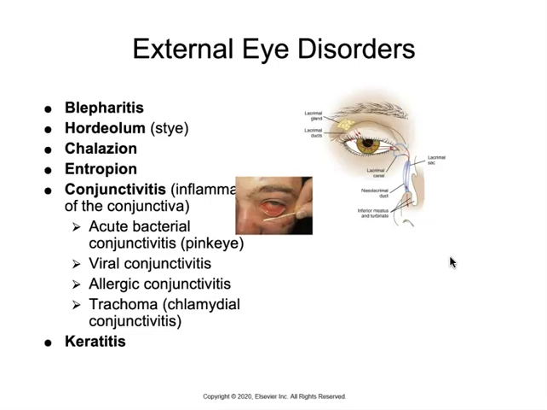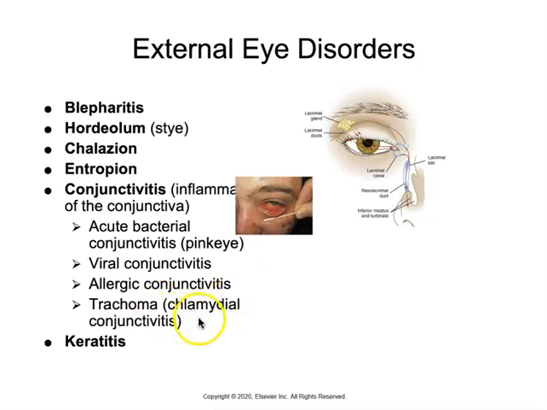There is an acute bacterial conjunctivitis, which is known as pink eye, and that causes redness and discharge and irritation. If we have viral conjunctivitis, that typically will follow a cold and is highly contagious. We have allergic conjunctivitis that is going to be from allergens and is usually accompanied by itching.